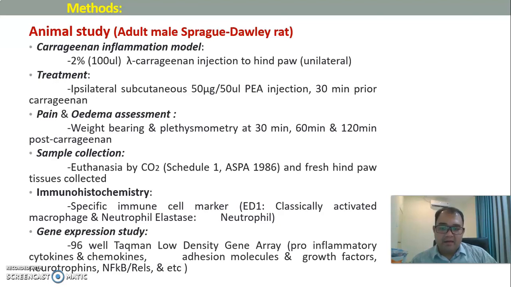Then at the 2 hour time point, at the end of the experiment, we collected the hind paw tissue and used it in immunohistochemistry to study the specific immune cells such as classically activated macrophages and also neutrophils in the skin tissue. The tissue was also subjected to a gene expression study where we studied 96 genes related to inflammatory pain.